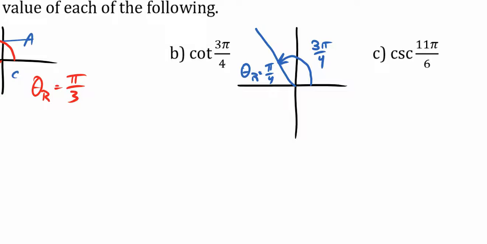I didn't say this, but I'm sure you know that, we're doing cotangent here, so we're thinking about tangent, right? CAST tells me that it's negative in this quadrant, and cotangent is a reciprocal of tangent, so this is going to be negative 1 over the tan of pi by 4.